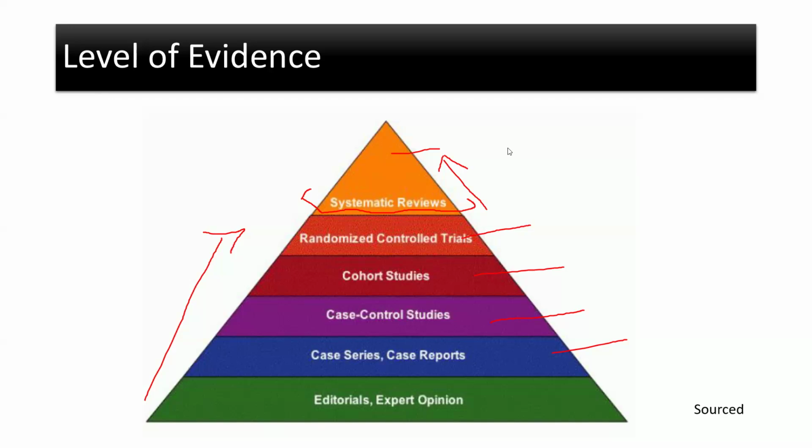And they have different results: in some populations it works, in some it doesn't, and they have some issues. Sometimes they have fewer patients, sometimes more volunteers. Over a decade or two we have a lot of randomized controlled trials.